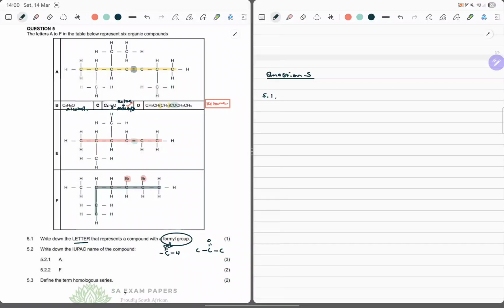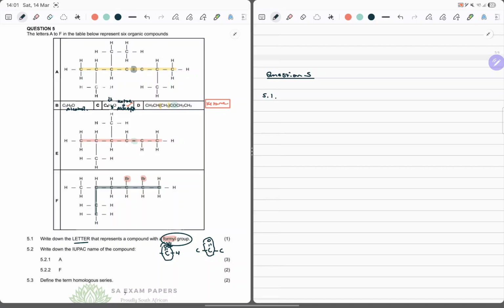So this is the carbonyl group, but when it comes to aldehydes, we often try to differentiate the two, though technically speaking, that's just the carbonyl group. So obviously, this one is definitely an aldehyde.